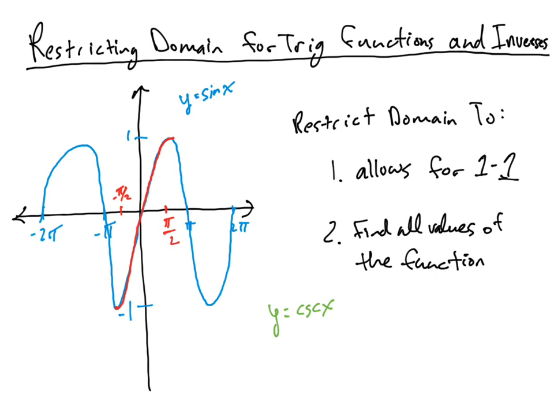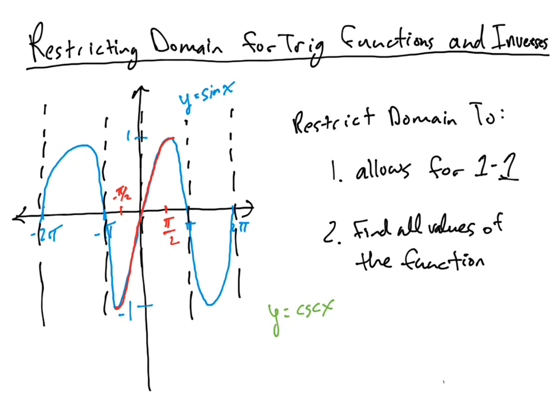Now, how the cosecant graph works is, we have asymptotes wherever the sine function crosses 0. We have one more asymptote right down the middle.